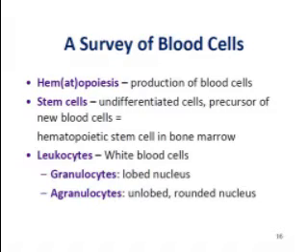But the actual differentiation, and a lot of the maturation of those white blood cells into specific types, happens in different organs. So it's not necessarily happening in the bone marrow, but that's where what they call the hematopoietic stem cells are. So the production of blood cells and the stem cells that produce all the cells, which then differentiate into different types, happens in the bone marrow.